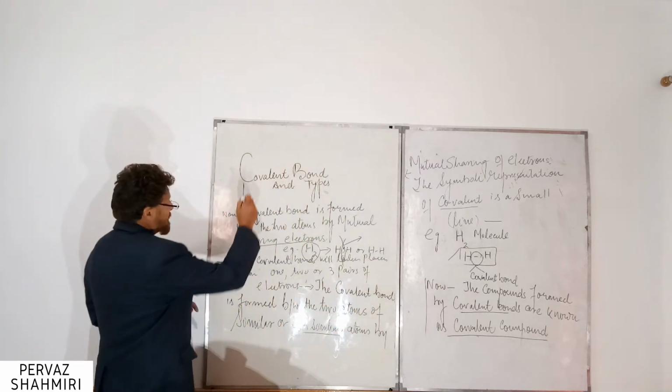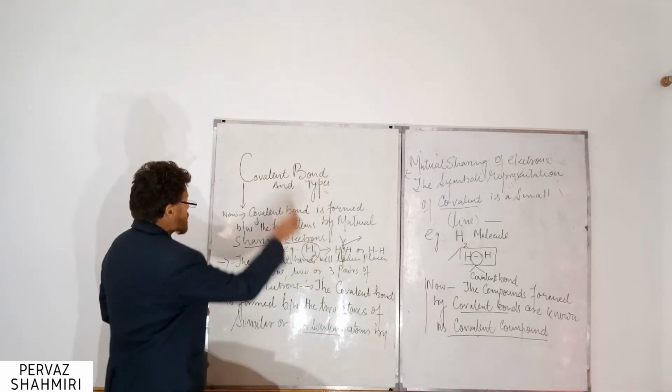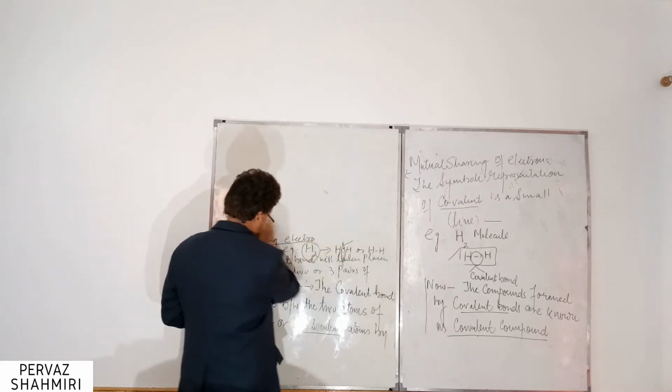Now there are three types of covalent bonds.